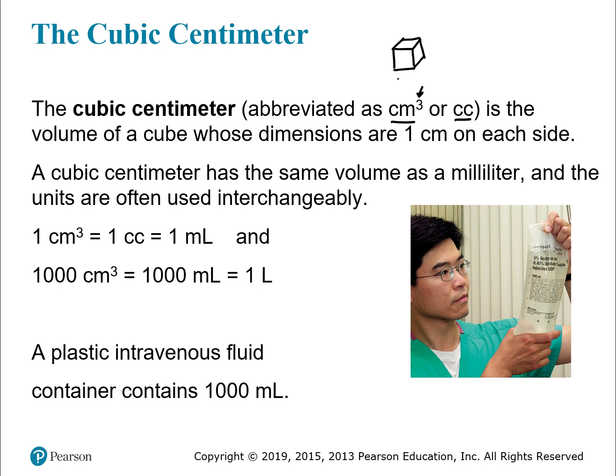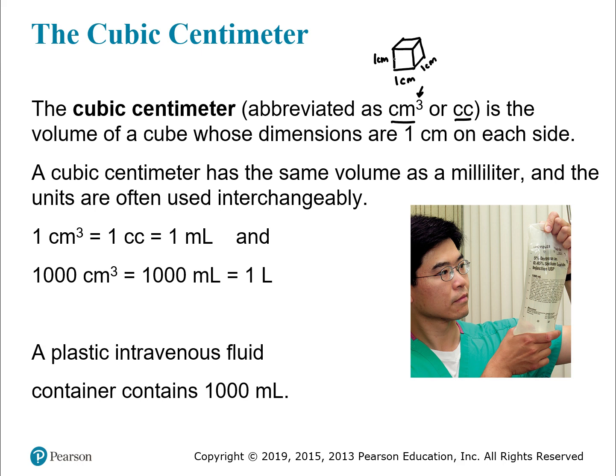What that means is we've got 1 centimeter here, 1 centimeter here, and 1 centimeter here. So 1 centimeter on each side. That's a cube that has a volume of 1 cc, or 1 centimeter cubed.